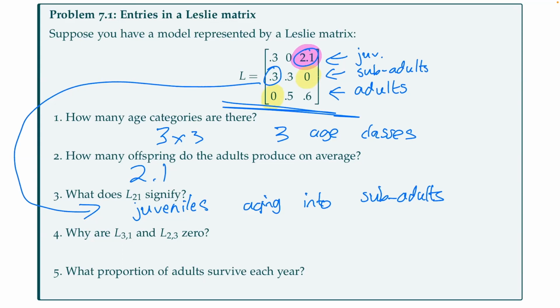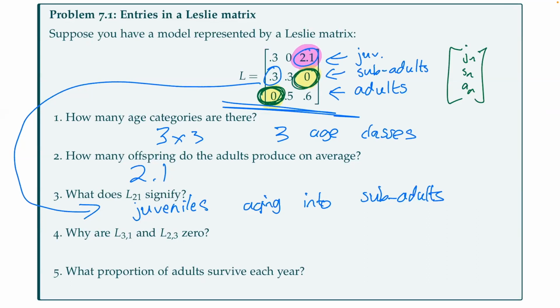This term here, if we were to multiply this out, imagine we've got JN, SN, and AN. This would be the contribution of the juveniles to the adult class, in other words, the flow from juveniles to adults. But as Rowan just said, we can't just flow from juveniles to adults. We have to go through the sub-adult class. They have to age through that intermediate class. So it doesn't make sense for them to jump past the sub-adult class. So that's why that's 0.